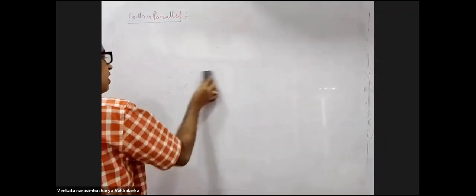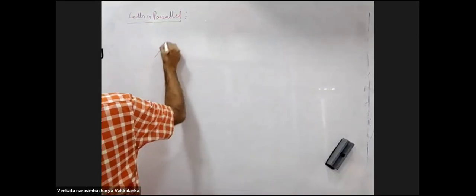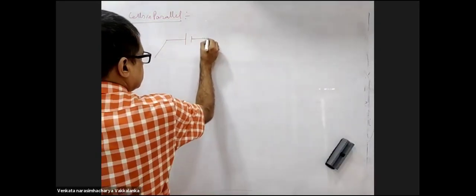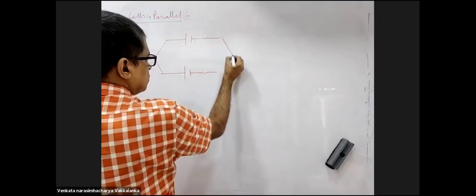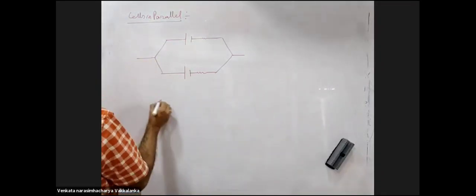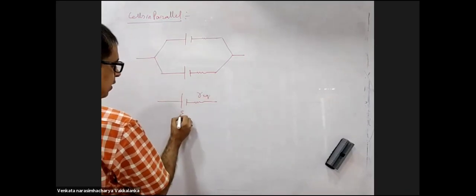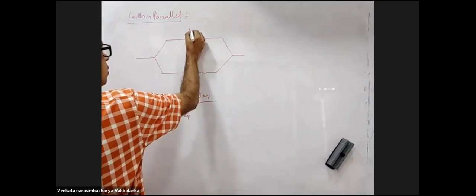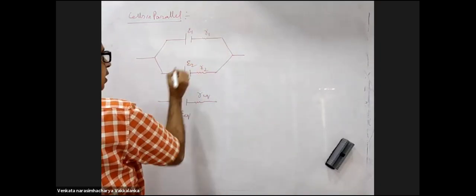Now see what NCERT did to this. There are two advantages of following NCERT's procedure here. Firstly, the controversy is avoided. You replaced this with E equivalent and R equivalent. This is E1, E2, R1, R2.